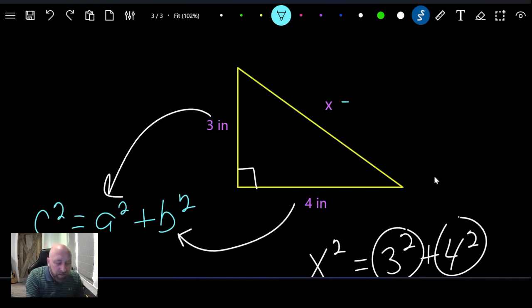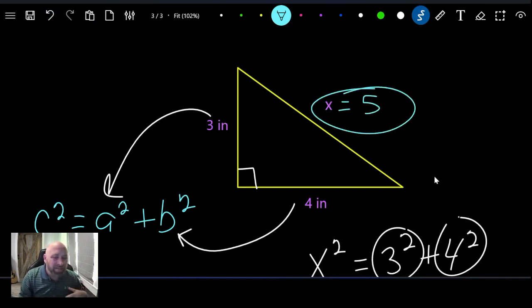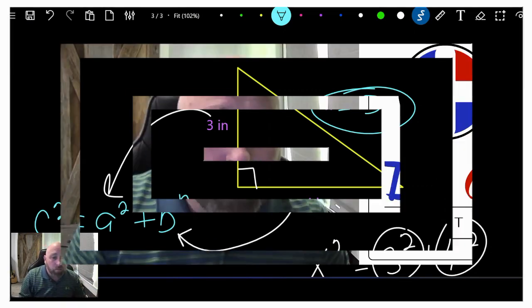So we would say that x equals 5 only, because the negative doesn't really work, because in reality you can't have a negative 5-inch side to a triangle. So sometimes you only include the positive, but when we're in algebra, this is geometry right here, right? But when you're in algebra, you would give both the positive and the negative answer for those.